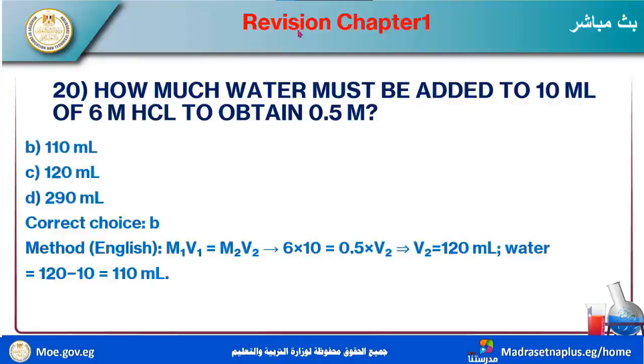The new volume is 120 mL. You had 10 mL before, and the new volume is 120 mL. So you add 110 mL of water to reach the concentration 0.5, and the molarity before was 6 molar. This is the dilution process you make.